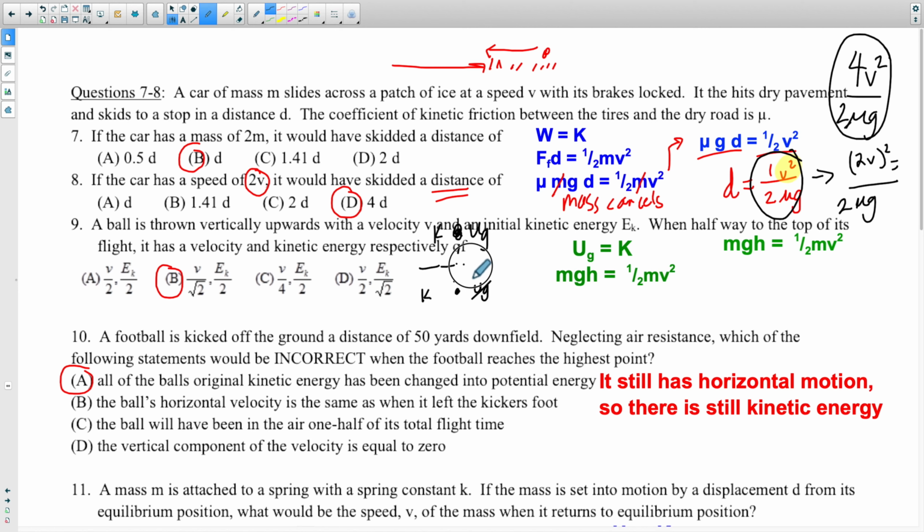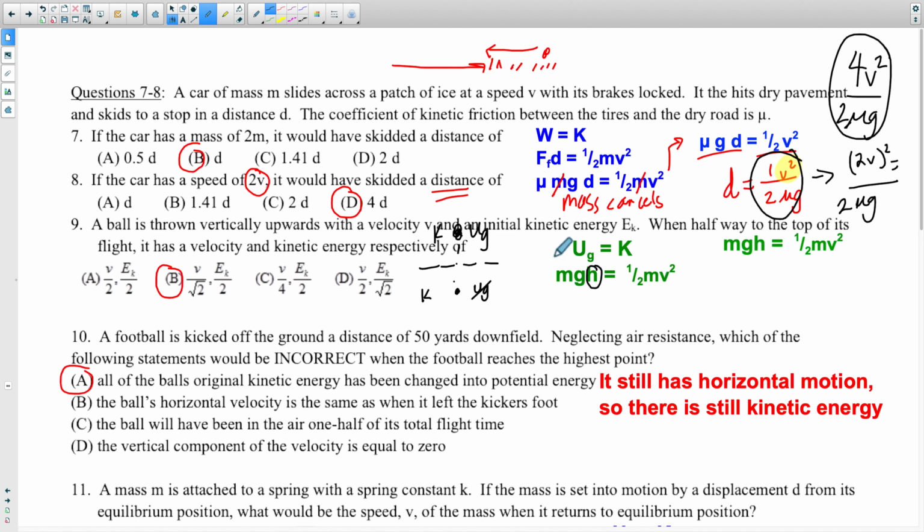And the question is, what about halfway? Well, halfway, our height is half the height. And if it's half the height, then it has half the energy. So the gravitational potential energy is cut in half, and the kinetic must also be cut in half.